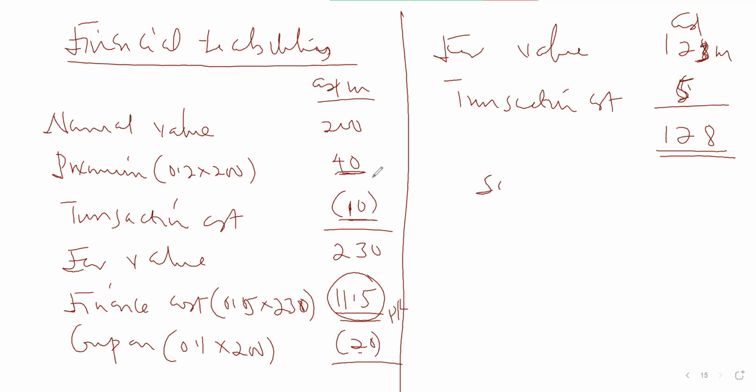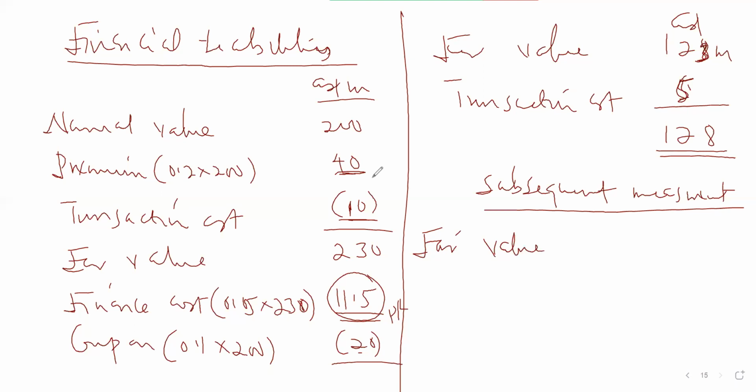The subsequent measurement will be the fair value, which will be 128 million. Then we add finance income. The dividend that you'll be receiving will be the finance income.